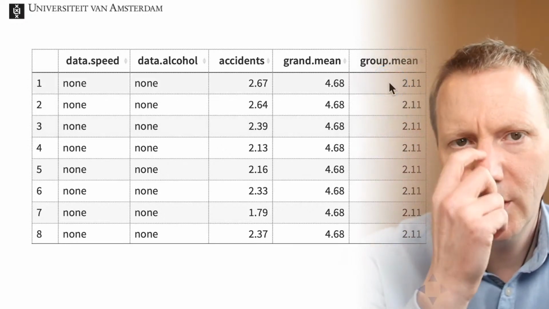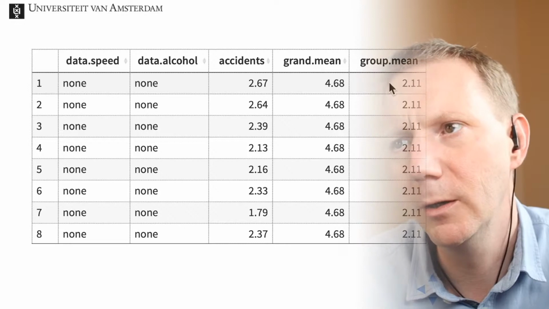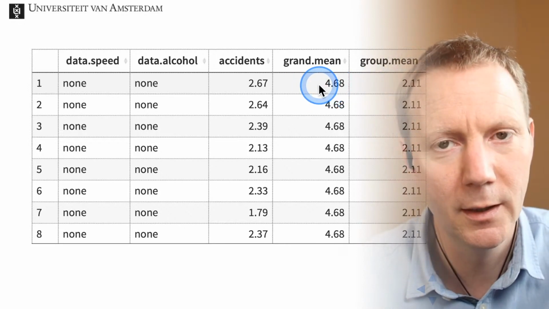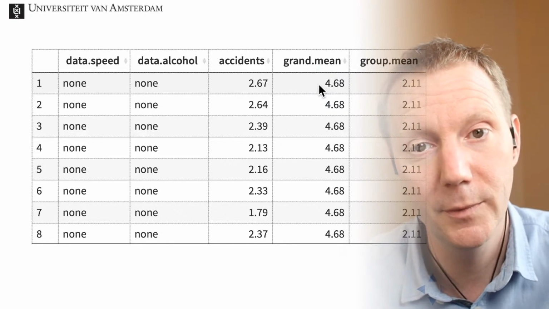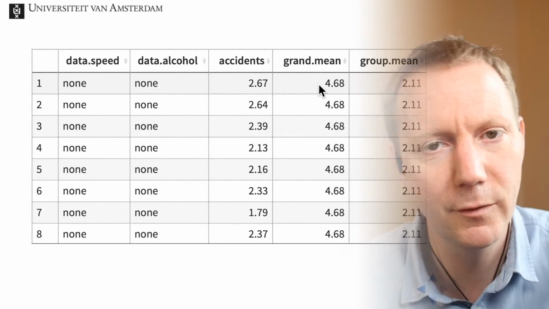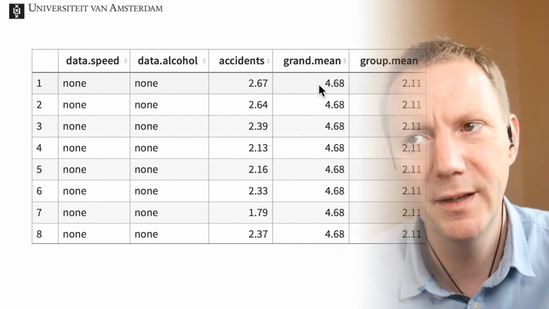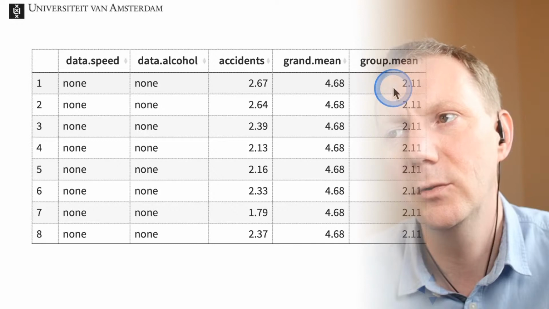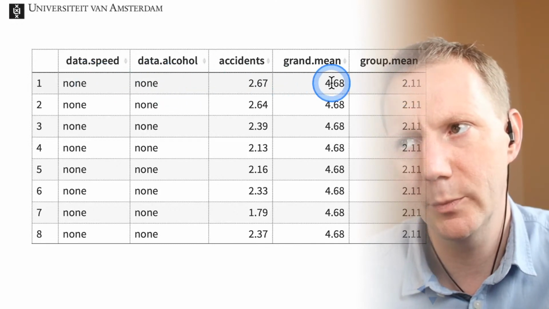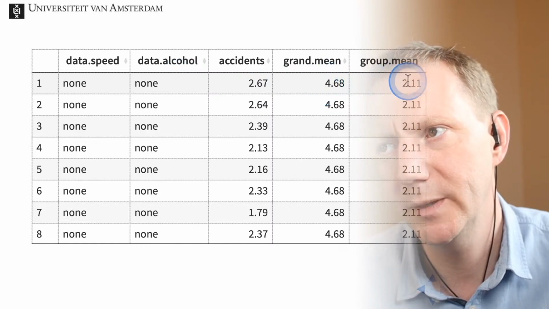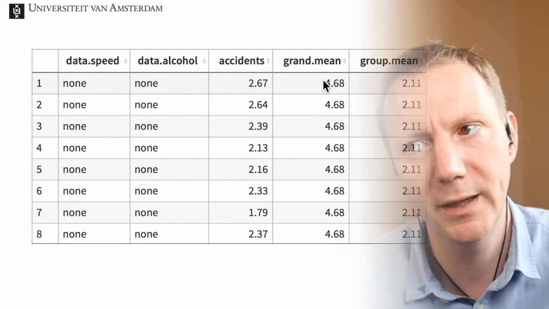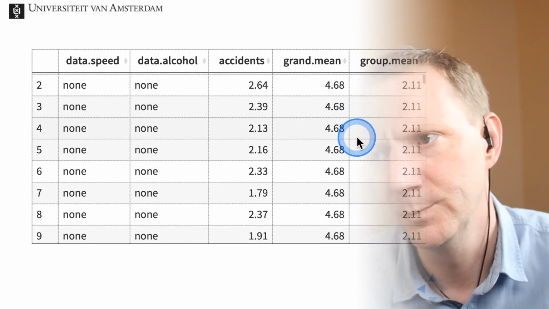So if we want to know the explained part here, we're looking at the difference of the grand mean, and with the grand mean we mean the mean of the amount of accidents for everyone, and the group mean, which is this specific group. So it's the difference between these two that indicates the part that is explained within this entire model.